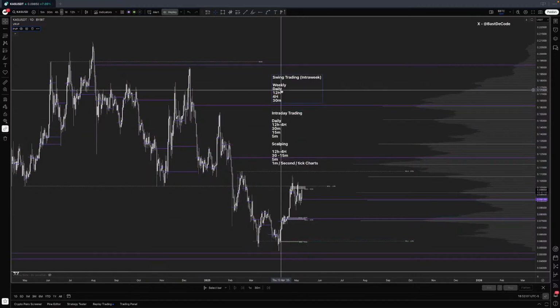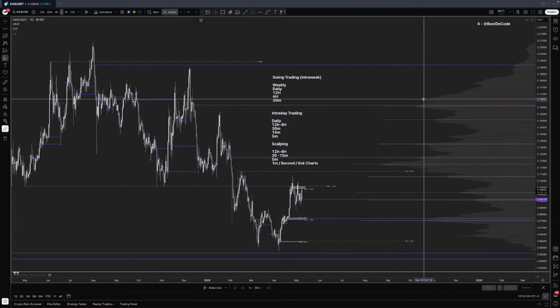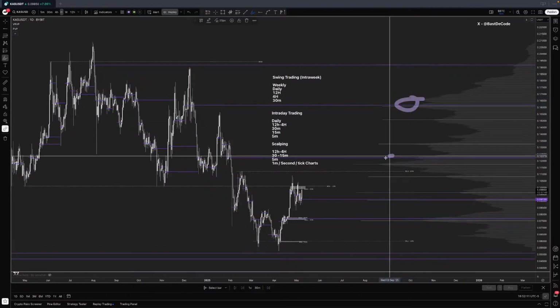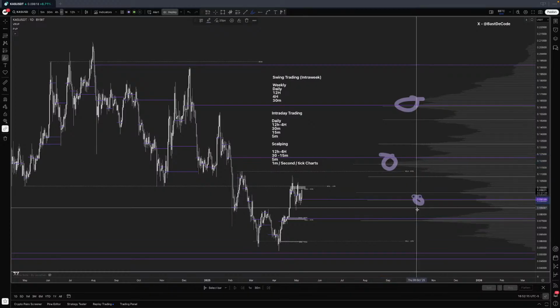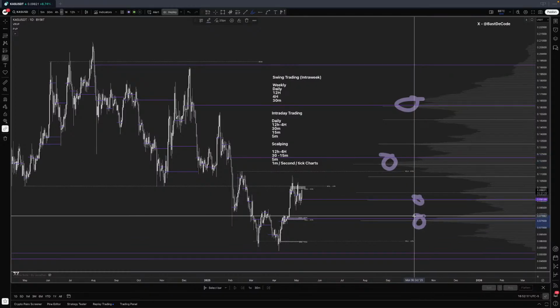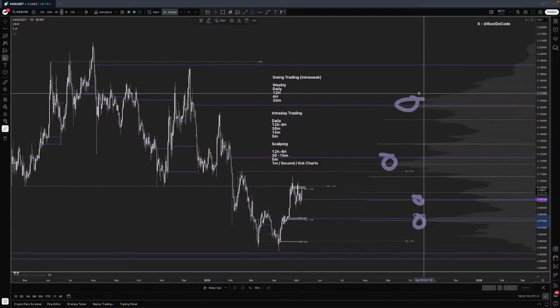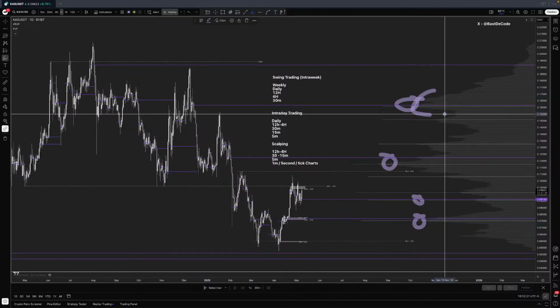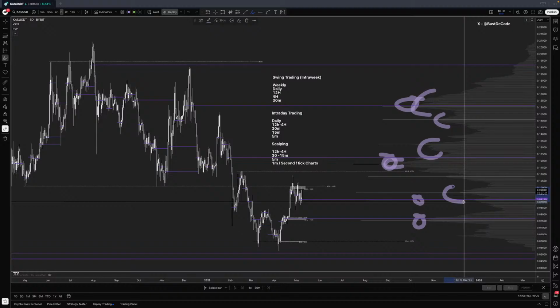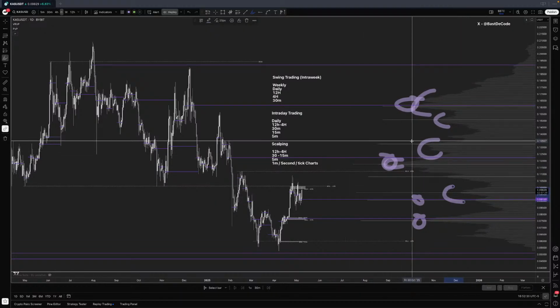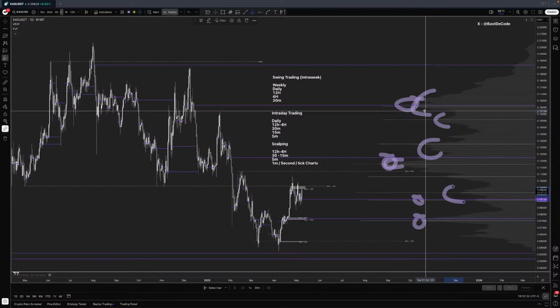Most of these naked points of control are going to be directly correlated with high volume nodes, you see? That's why I'm letting you know that most of these high volume nodes end up being points of control. And why is that? Because in every single high volume node that we have here, why is it called points of control?